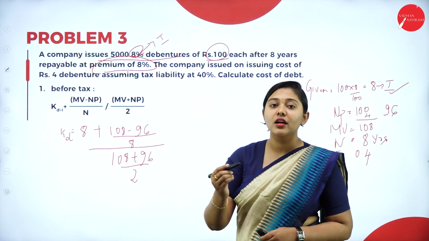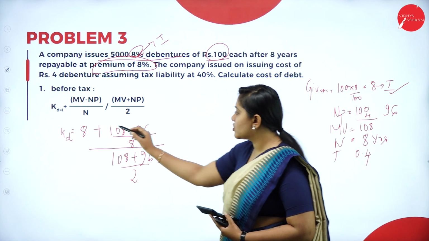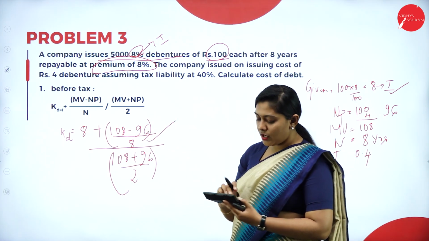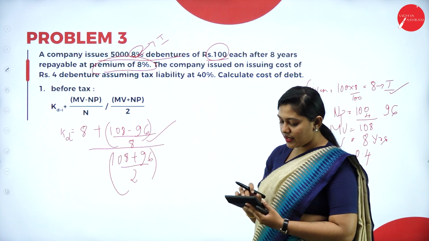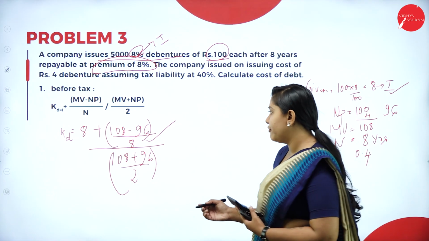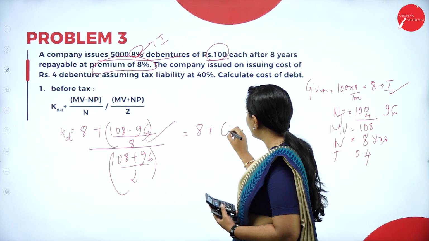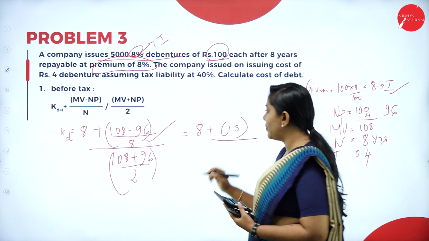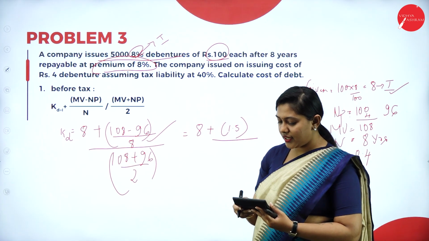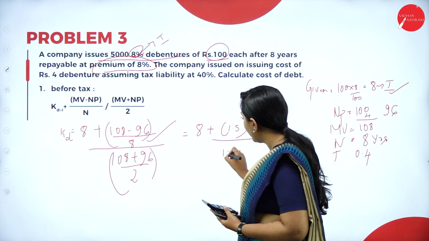So let's substitute the values in the calculator and see the answer. Let's solve the bracket part first. 108 minus 96 divided by 8 will be 1.5. Then 108 plus 96 divided by 2 will be 102.